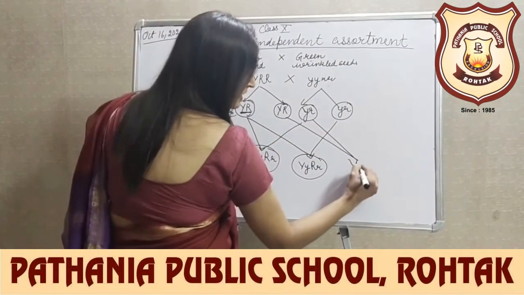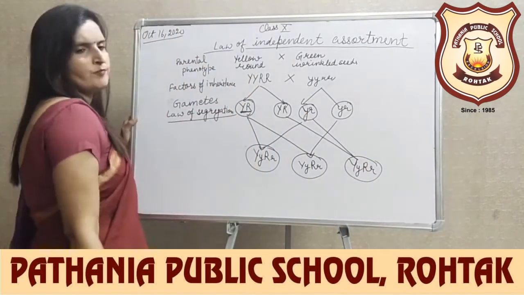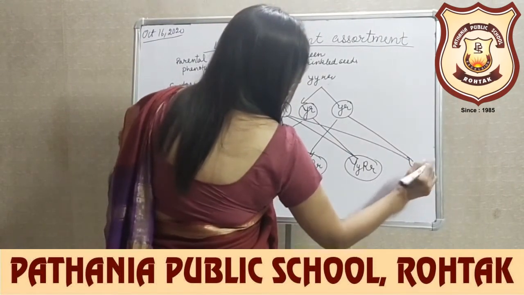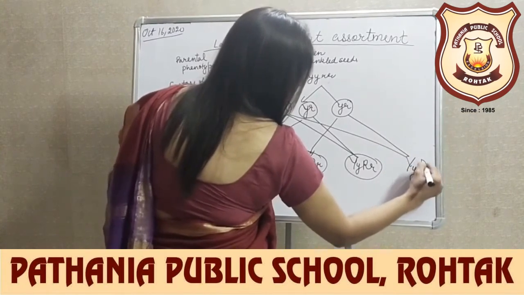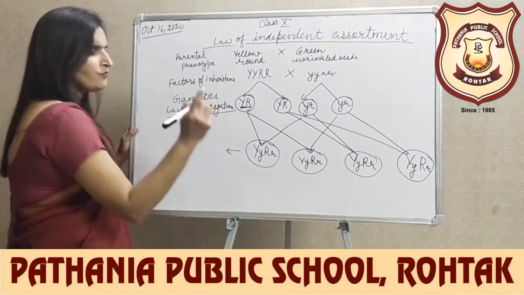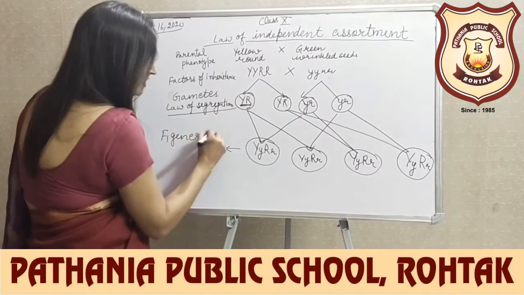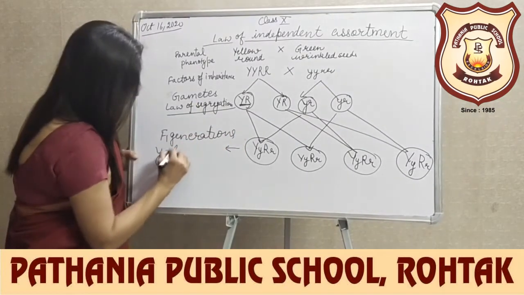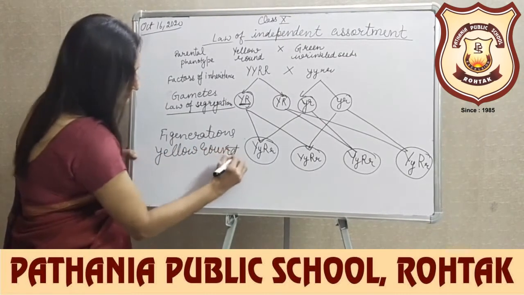For this, again the same, and for this it would be capital Y, capital R, small r. What was the phenotype in the F1 generation? All the plants had yellow round seeds.